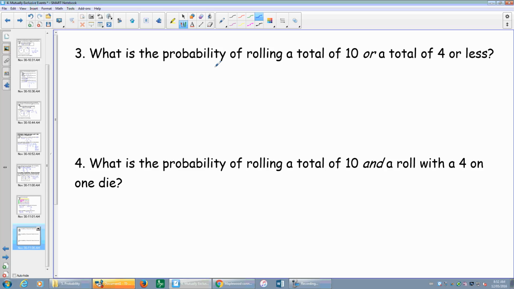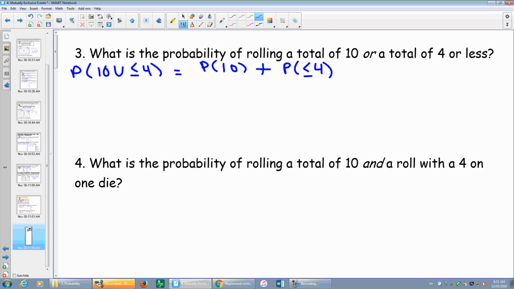Okay, but I want you to get into the habit of writing it this way: find the probability of rolling a 10, add it with the probability of rolling less than or equal to 4, minus the probability of rolling a 10 and a number less than 4.